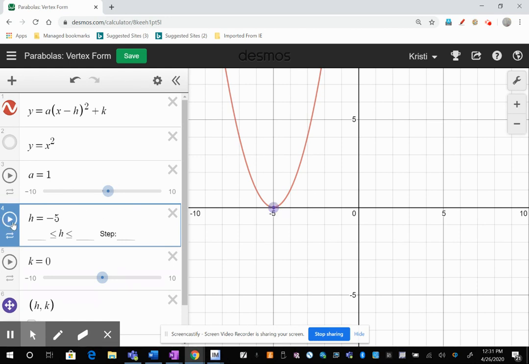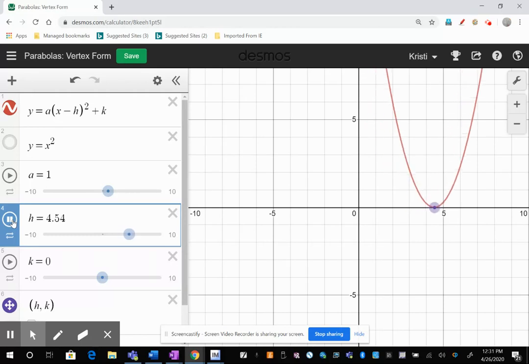So changing the h value just slides, or transforms, the parabola left and right. Notice the parabola is not changing shape, it's just moving. Let's go back to 0.